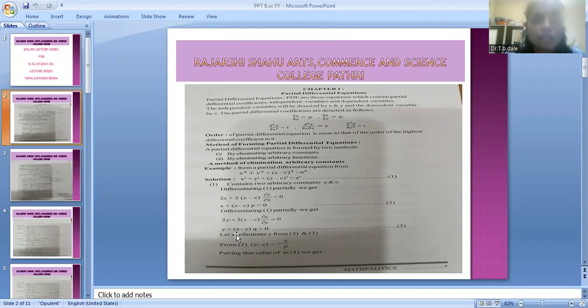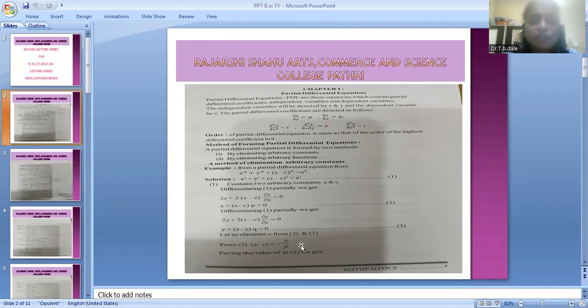That is equation number 1. It contains the two arbitrary constants a and c. Differentiating 1 partially with respect to x, we get 2x plus 2(z minus c) dou z upon dou x is equal to 0. Differentiating 1 partially with respect to y, we get 2y plus 2(z minus c) dou z upon dou y is equal to 0.